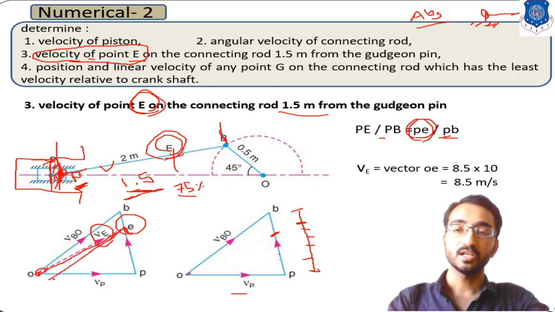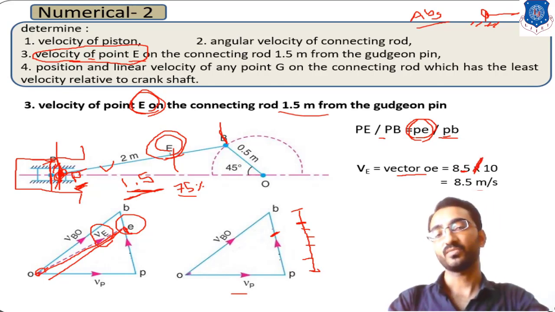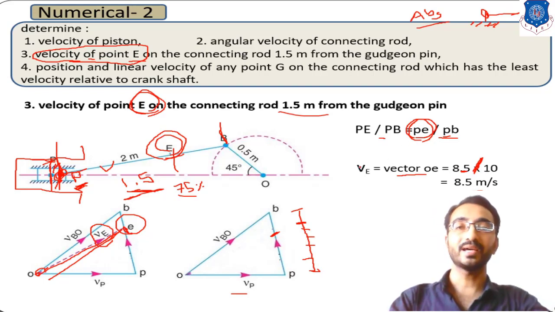Vector OE represents the velocity, and if you measure this length as 85 mm, then 85 divided by 10 gives you 8.5 meter per second. Clear? In this way you can calculate the velocity of point E.